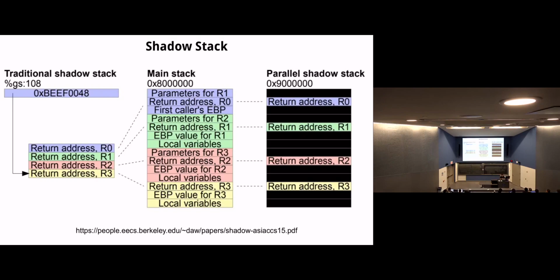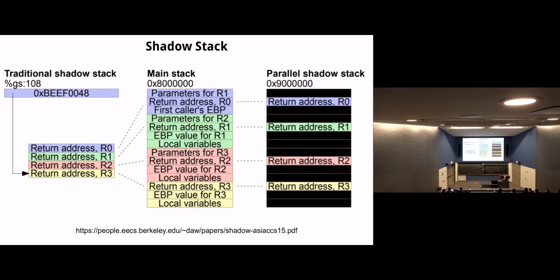The root cause, like we discussed before, is that we mix the control information and data in the same channel. Let's say the stack is a channel. We mix control information, like the return address, and other data, like local variables, on the same channel. So one way to solve this problem is to separate them.